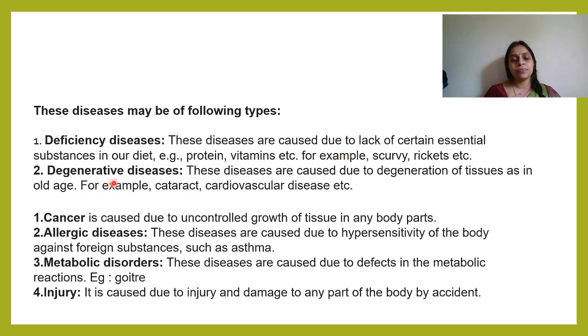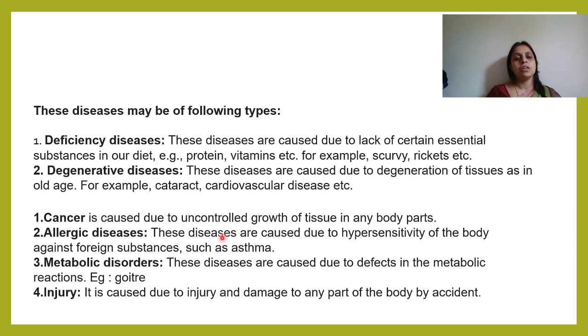Degenerative diseases. These diseases are caused due to degeneration of tissues as in old age. For example, cataract, cardiovascular diseases. Coming to cancer, it's caused by uncontrolled growth of tissue in any of the body parts.